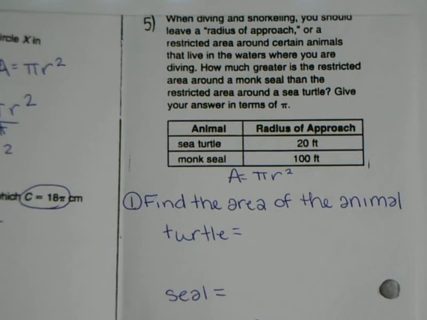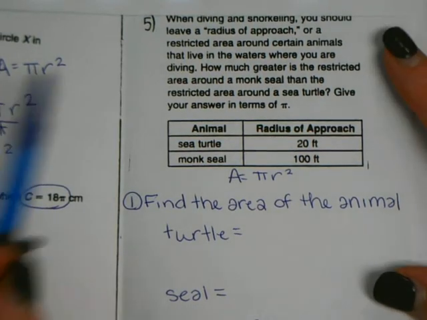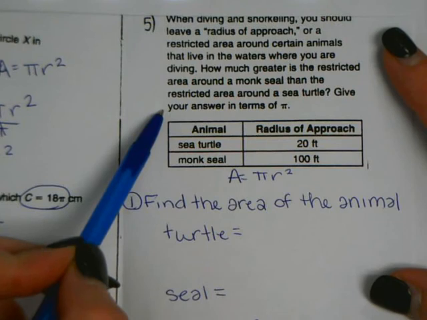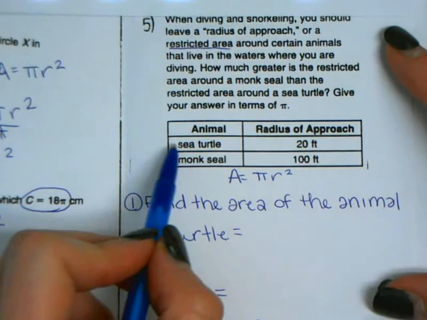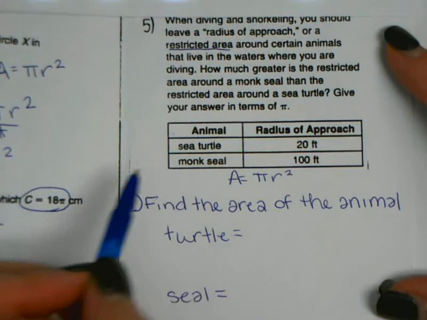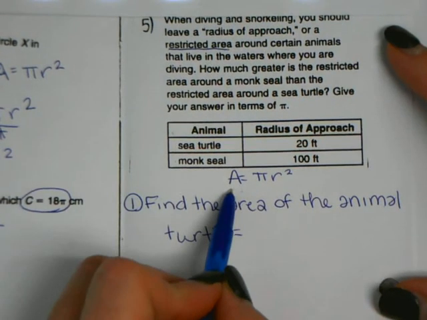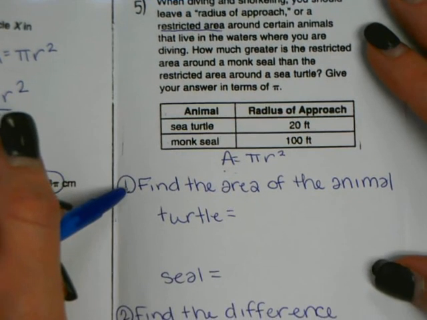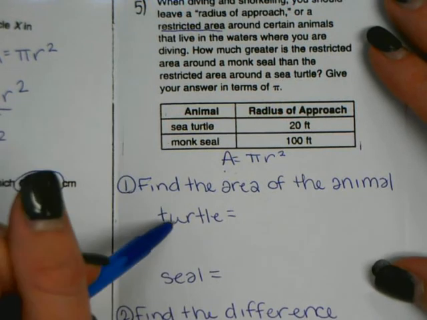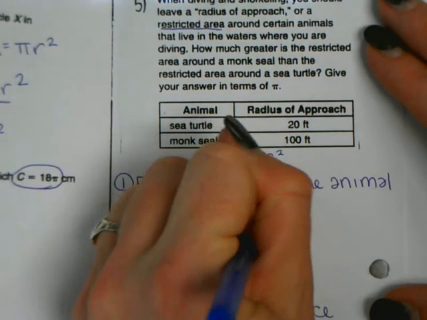All right, number 5, here's our application. This is going to be what our homework looks like, our assignment in class. You need to read the word problem. It is asking you to find the restricted areas, so analyze your table. I gave you some steps. Again, I did write the area formula, and here are my steps. First, I need to find the areas of the animals.